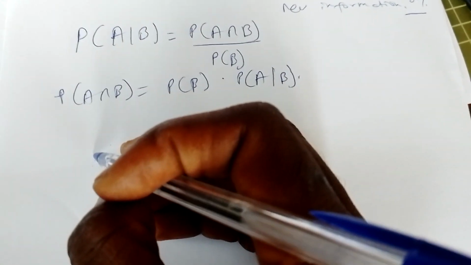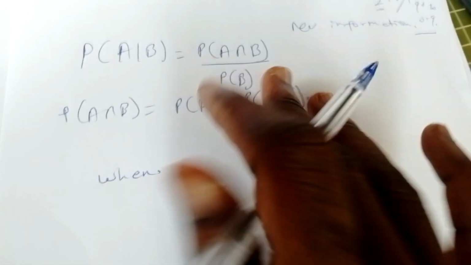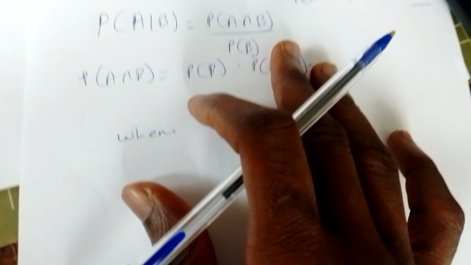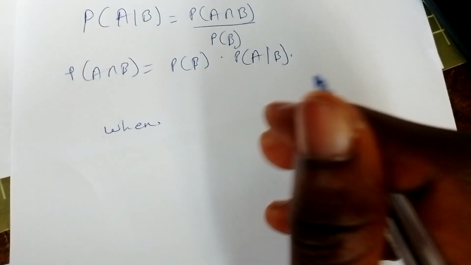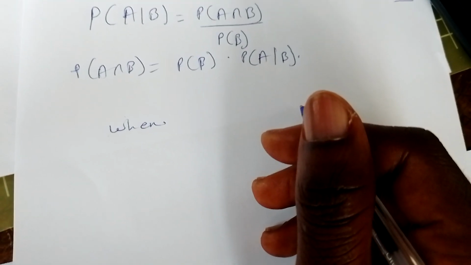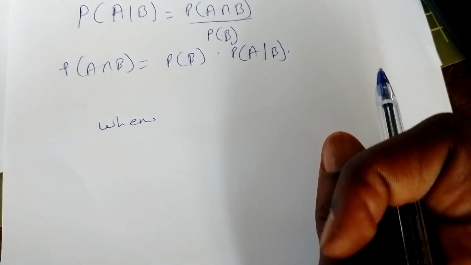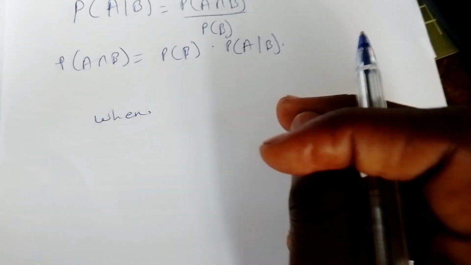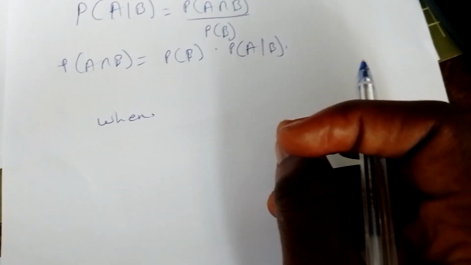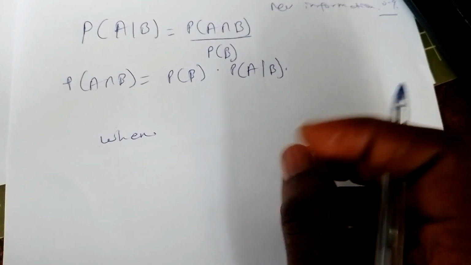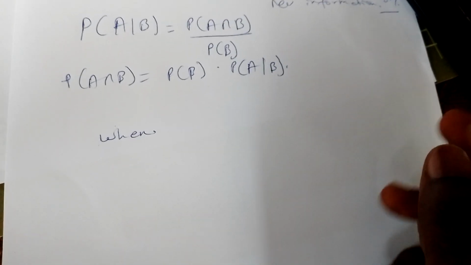Now, when do we apply the Bayes theorem? Most of the time, you use it when you partition your sample space into mutually exclusive events.